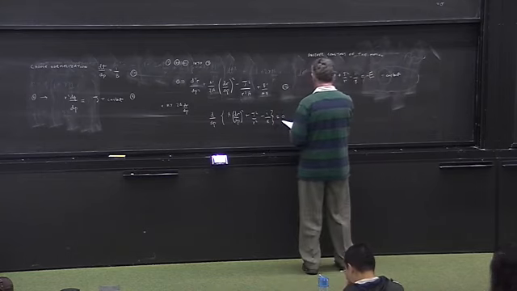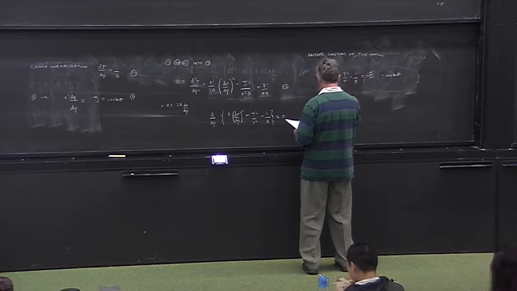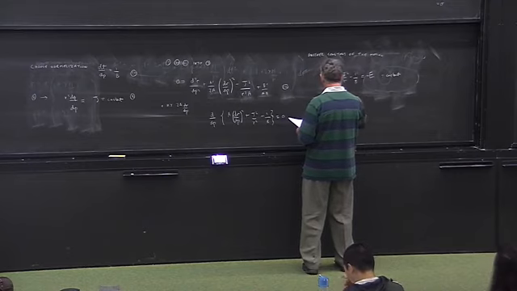And it implies in particular that ds squared is minus E dp squared.